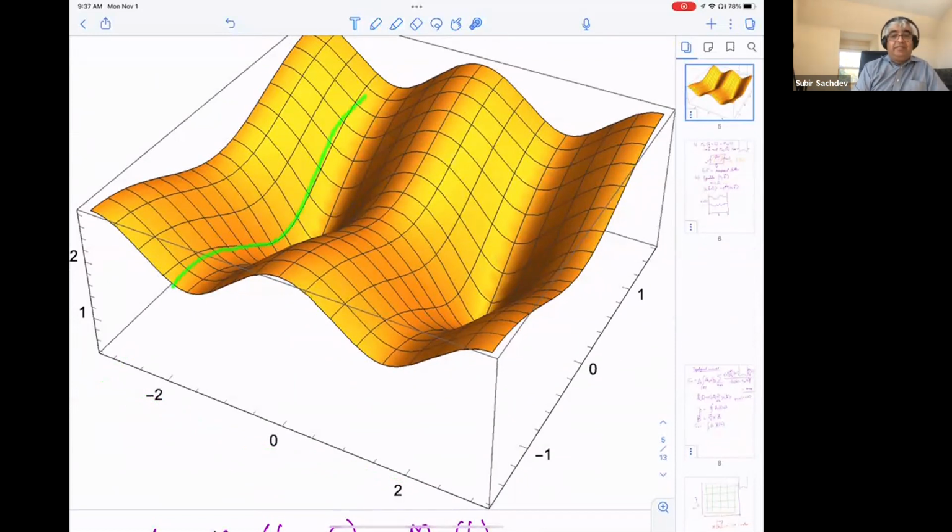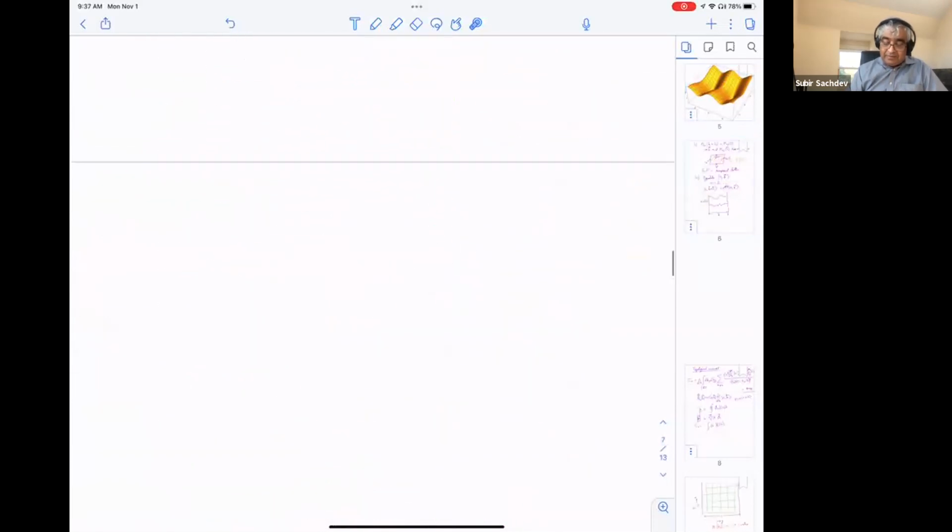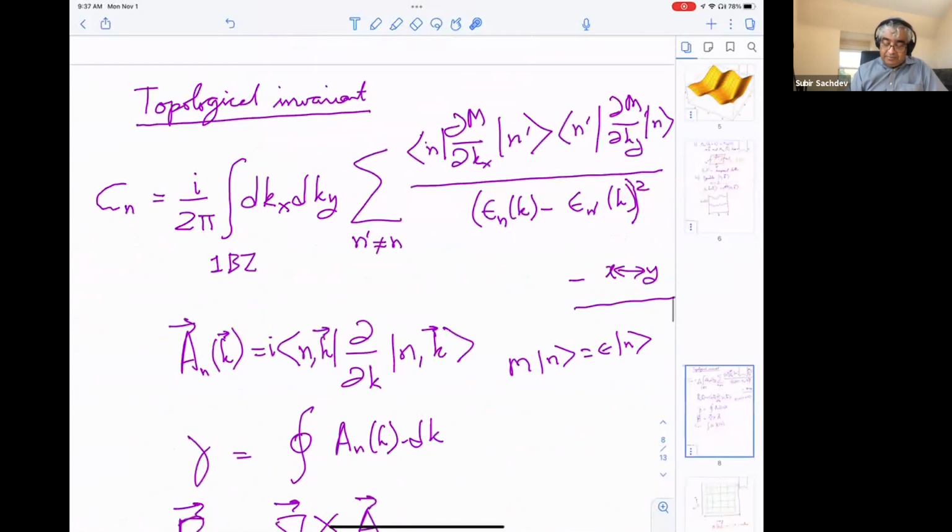Because my ky direction is finite, I'll get some discrete set of eigenvalues in this direction, but there'll be all of these eigenvalues, and similarly at every point. So what I'll end up seeing, where's my picture?